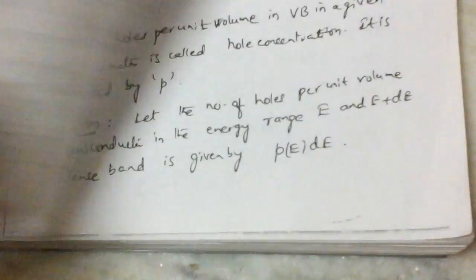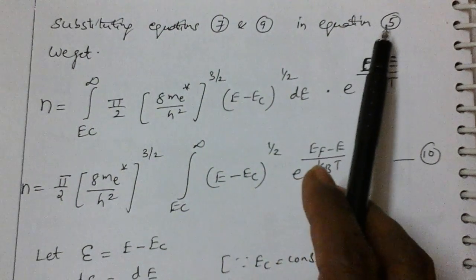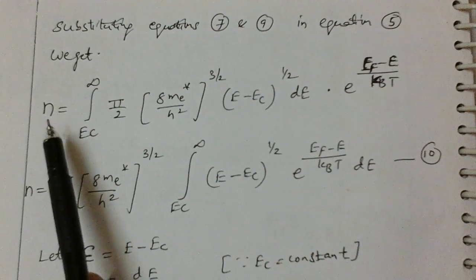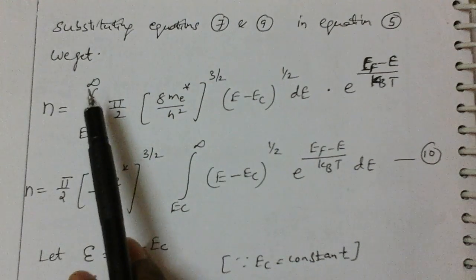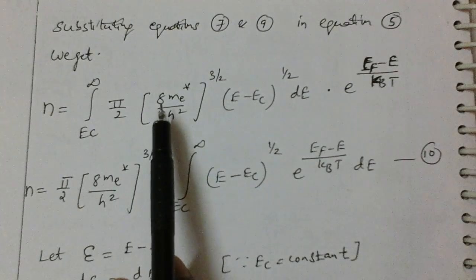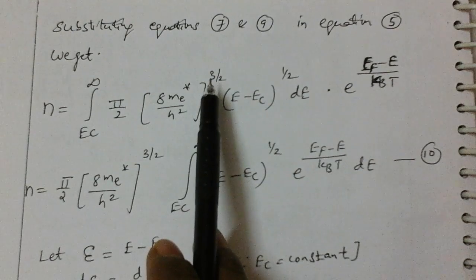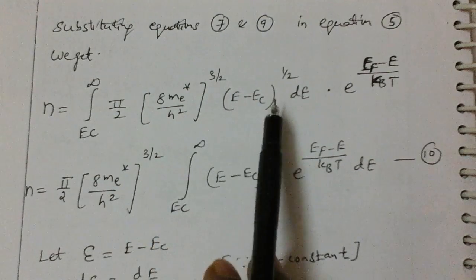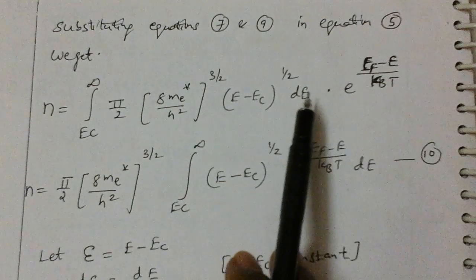And finally, if I substitute the 9th equation in the 5th equation, we are getting n equal to the integral with limits E_C to infinity of (π/2)(8 m_e* / h²) whole power 3/2 (E minus E_C) whole power 1/2 dE.